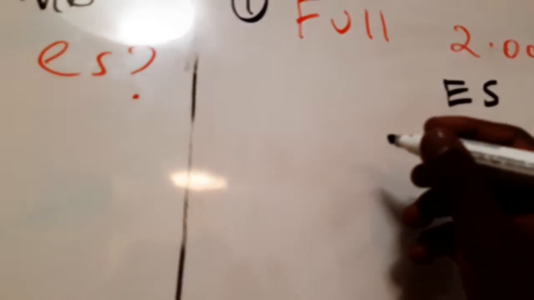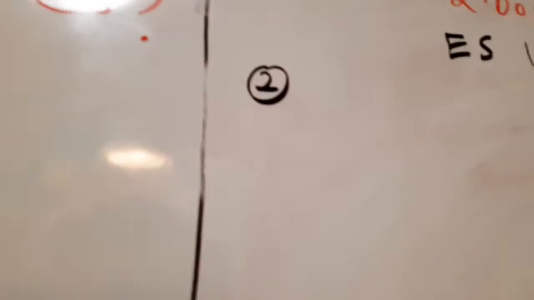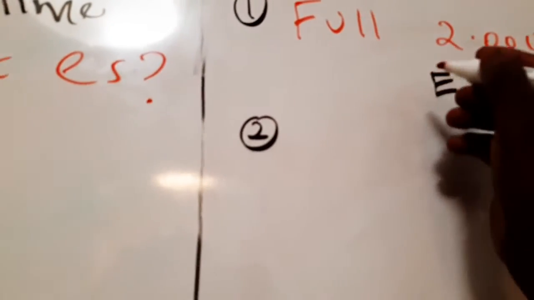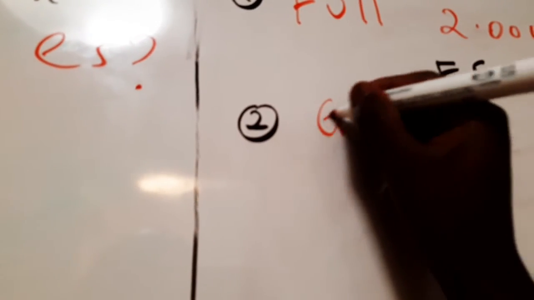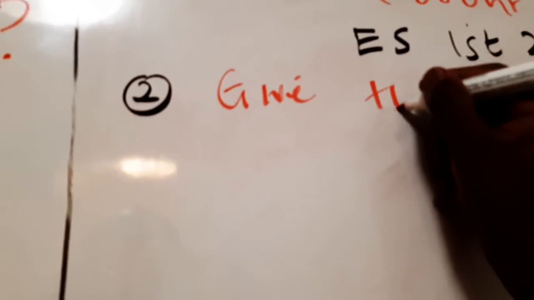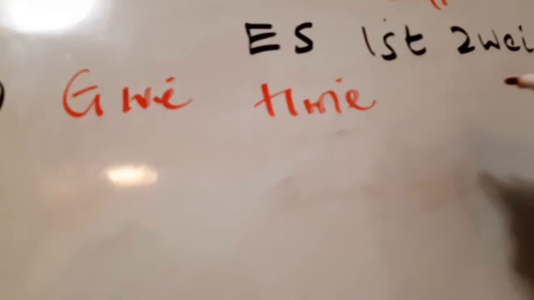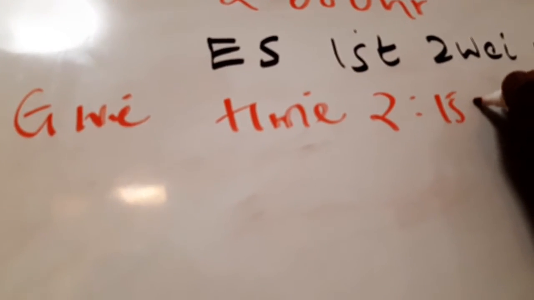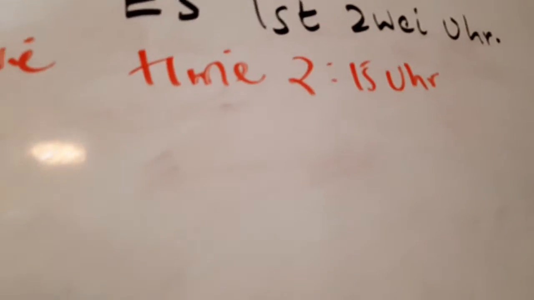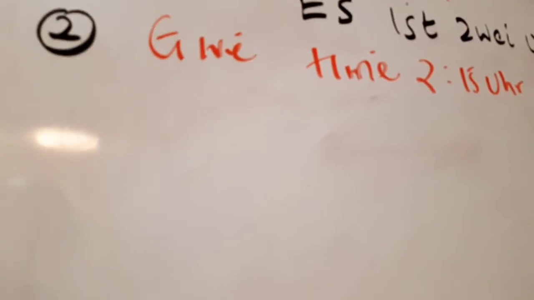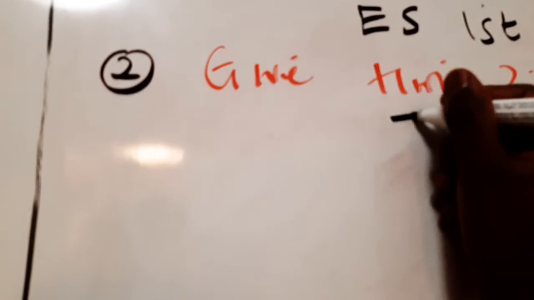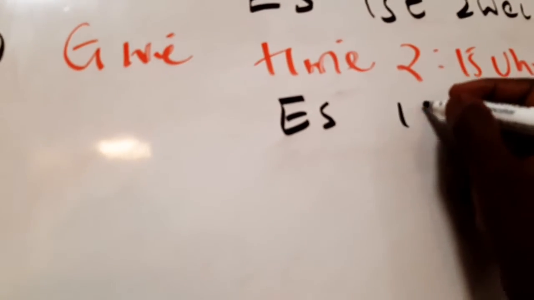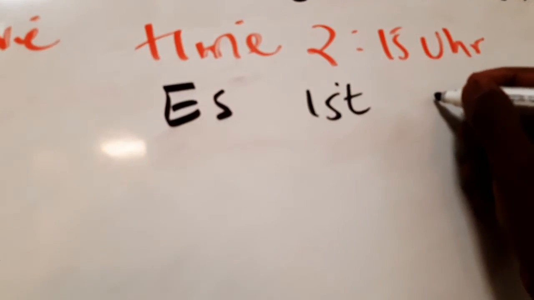So if, for example, it's 2:15 or 2:20, so if you want to give a specific time, so if, for example, it's 2:15 Uhr, then you say es ist.